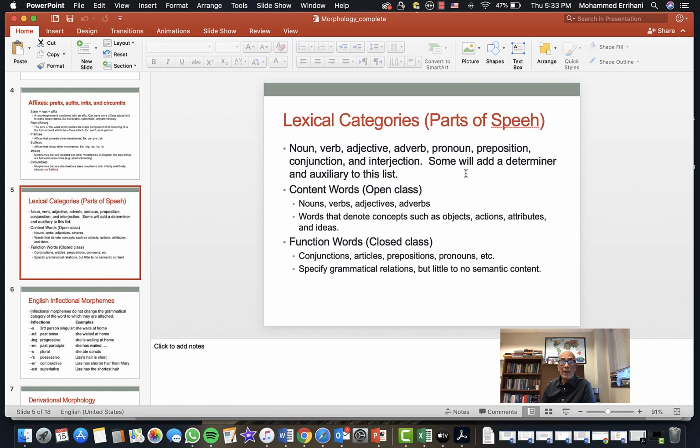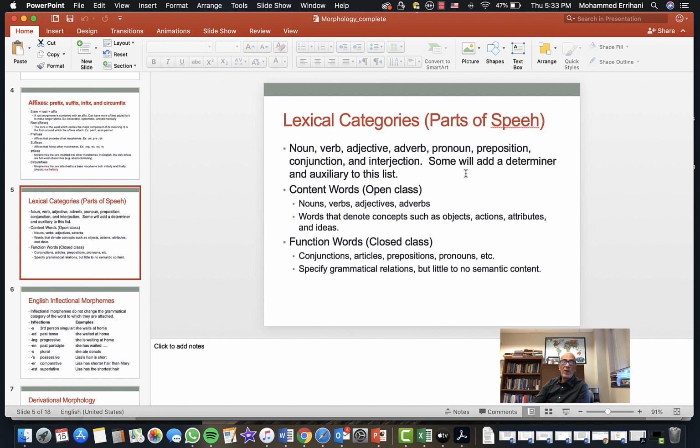And that's how language keeps changing and developing, because there are new additions to the English language all the time. In order for a language to remain alive, it has to add to its content words. Therefore, it's called an open class. And you can only add nouns, verbs, adjectives, and adverbs.